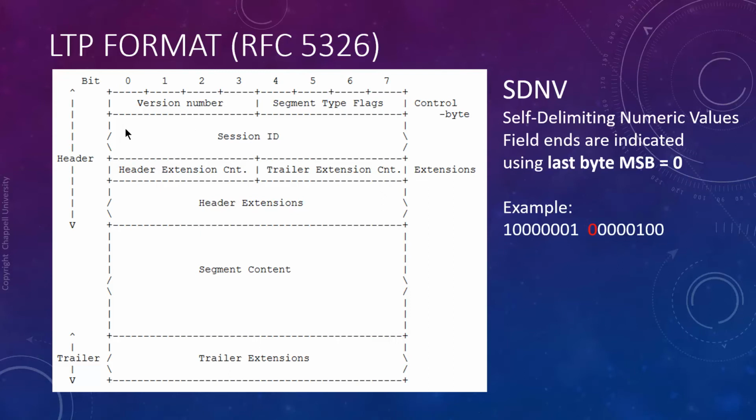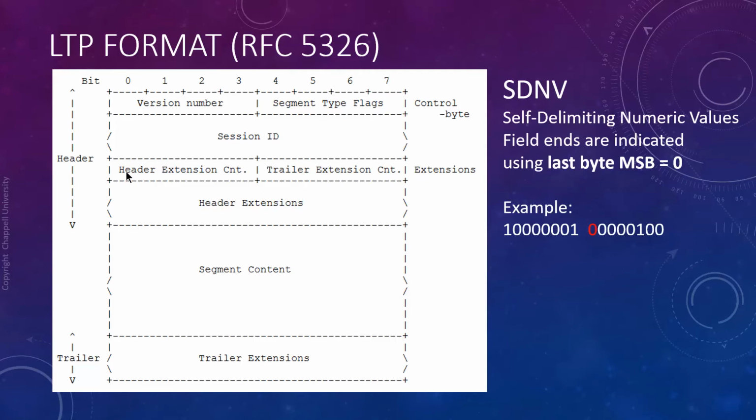So that's really interesting when you see these types of things. We don't have an end of field delimiter. We don't have a field length fields or anything like that. Instead, we use this SDNV here. And you'll see this also in use in the bundle protocol. So this session ID value is variable length.